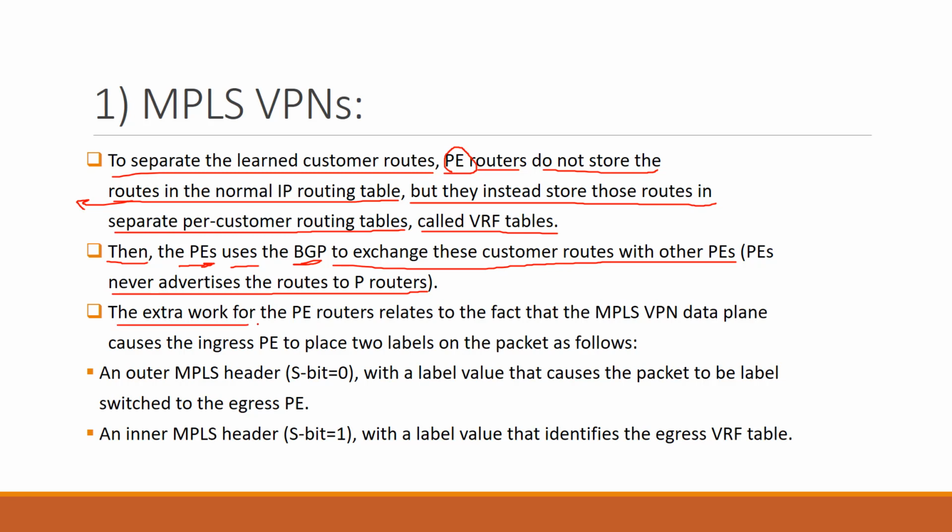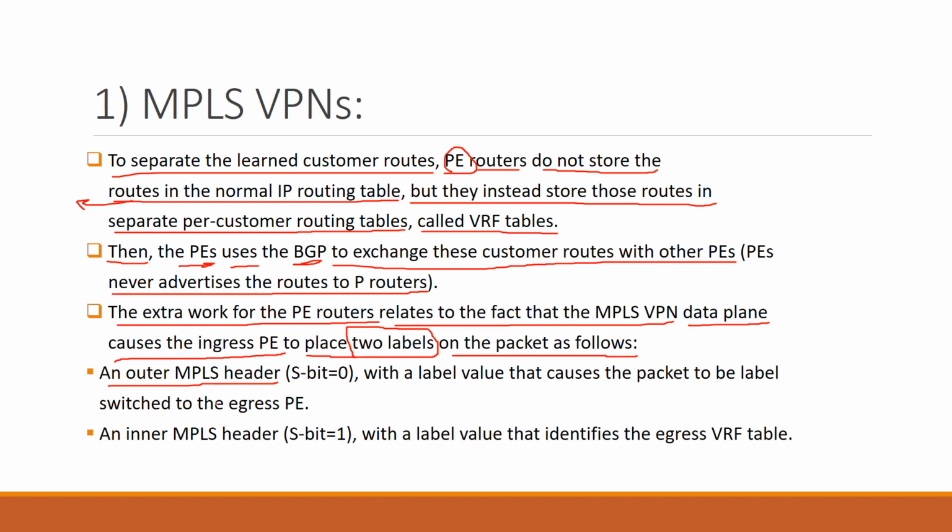So the extra work for the PE routers relates to the fact that the MPLS VPN data plane causes the ingress PE to place two labels, which we call a label stack, on the IP packet as follows. The first label, we call it an outer MPLS header or label.